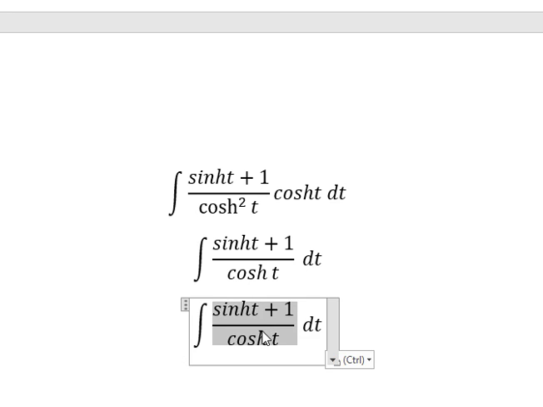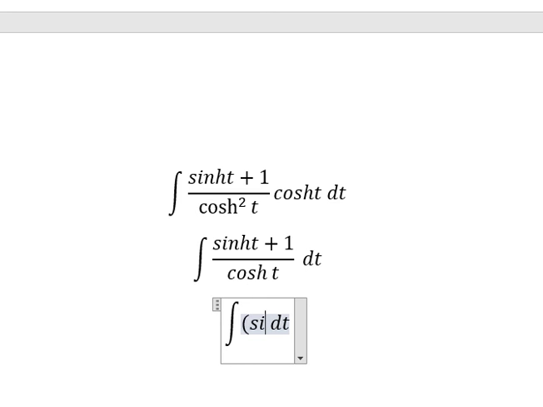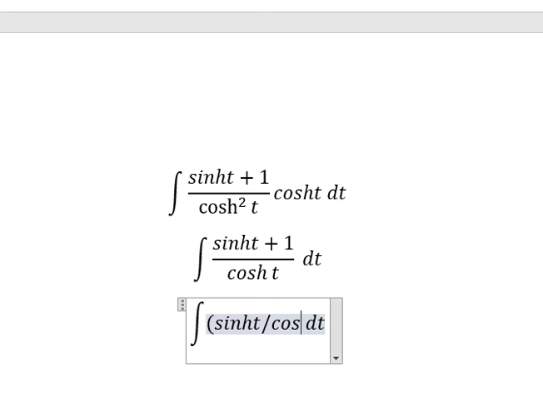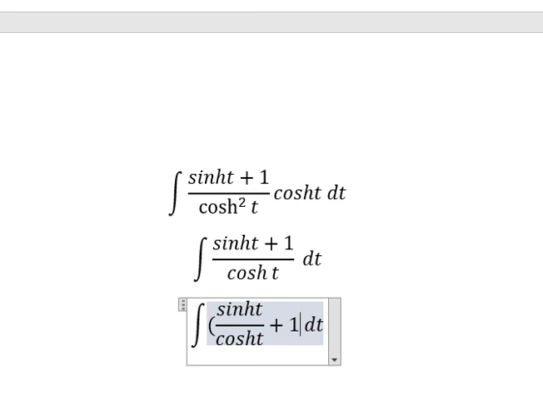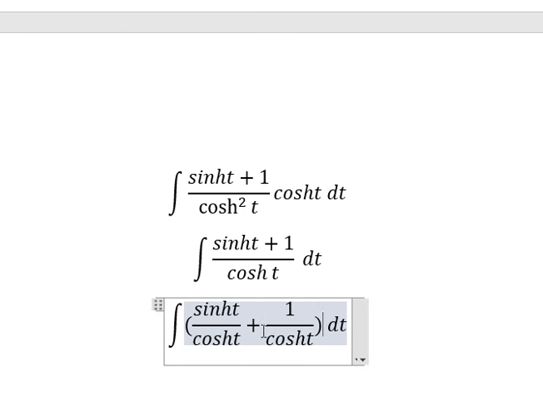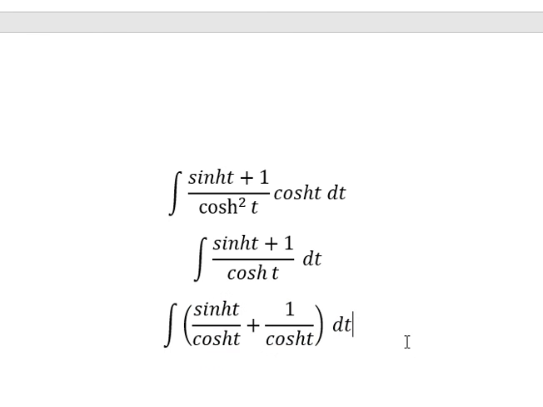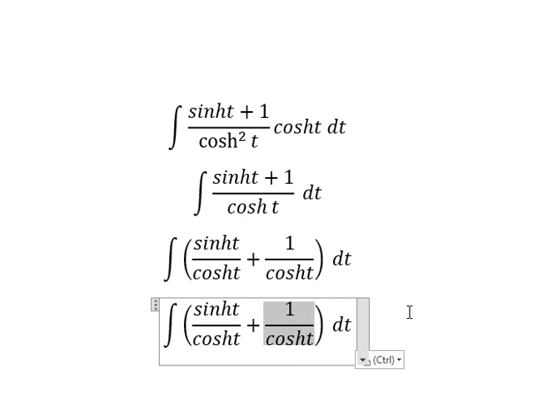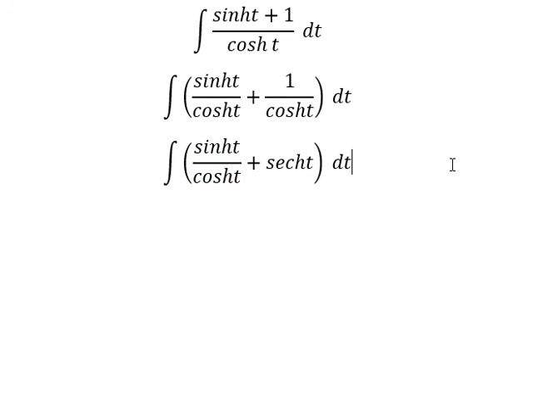So this one we have sin t over cos t plus 1 over cos t. This one we can write into secant of t. Now we have the final answer.